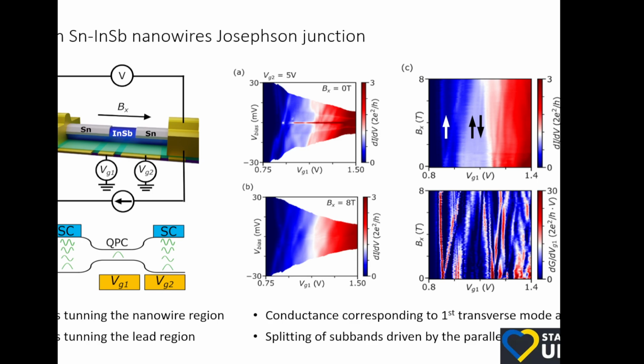There are some wiggles and oscillations, but as good as it gets for a nanowire with a lot of backscattering. Questions about this? The idea of this slide is that from several measurements, bias versus gate, field versus gate, you can convince yourself that this is a quantum point contact.